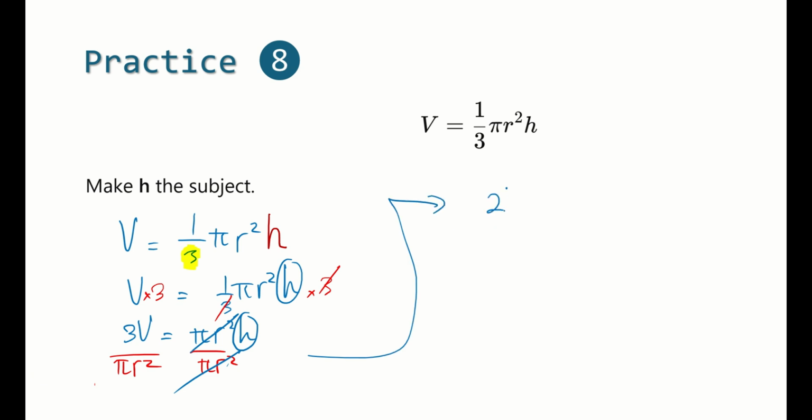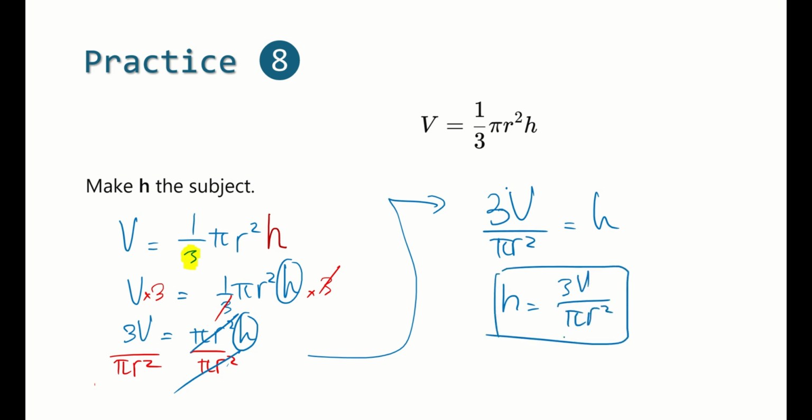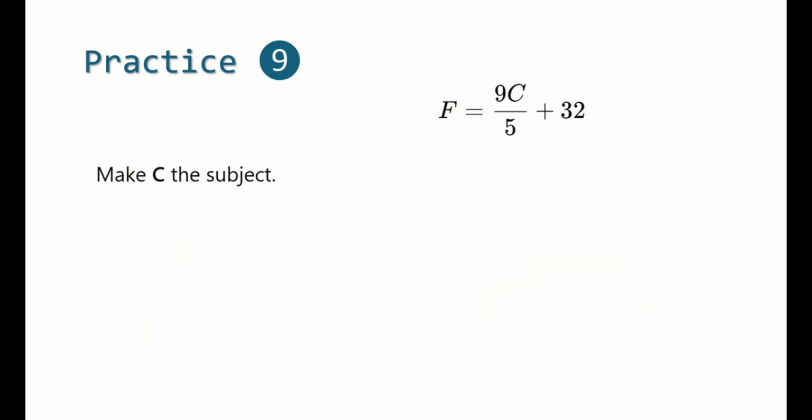Yeah, we have 3V over pi r squared equals to h. So h equals to 3V over pi r squared. So this is our final answer. This is h as the subject. I think this one is clear, yeah? Yeah, it's okay. You can pause the video and look at it again.